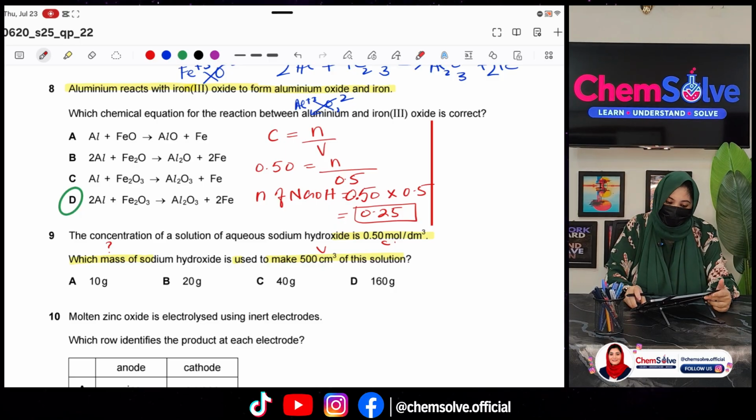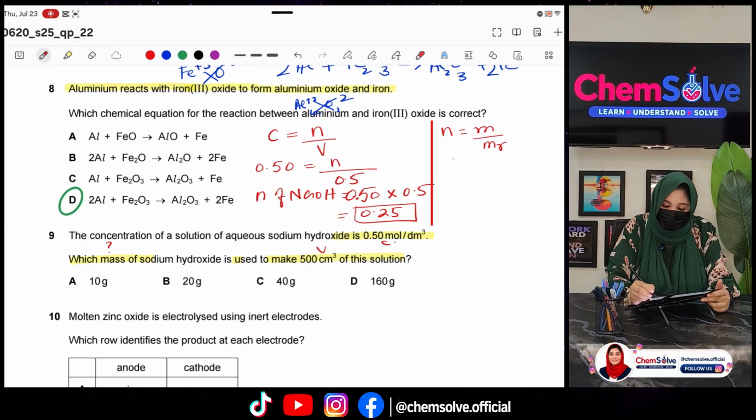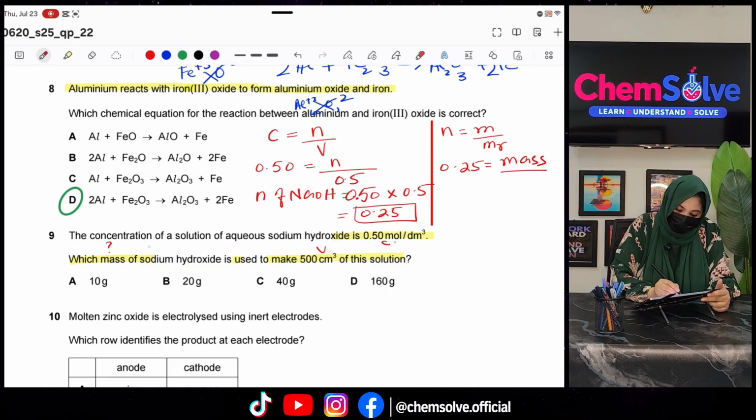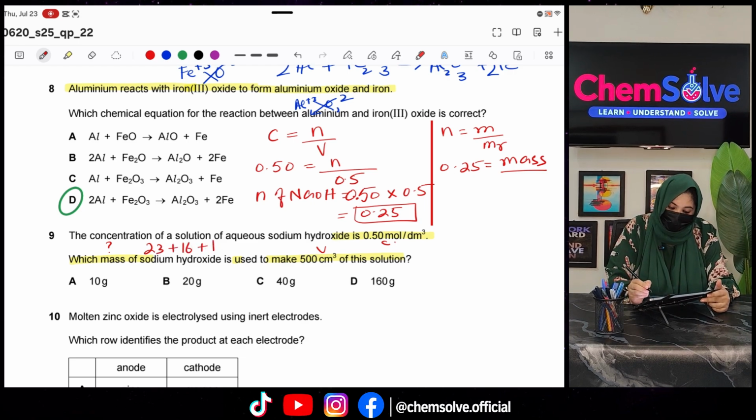Next, we need mass. So I will write down the formula: number of moles is equal to mass over molar mass. Moles are 0.25. We have to find the mass. Molar mass of sodium hydroxide: sodium is 23, hydroxide is oxygen plus 1 hydrogen, so this would be 40.